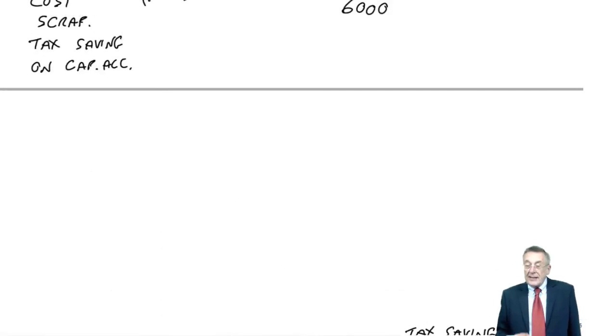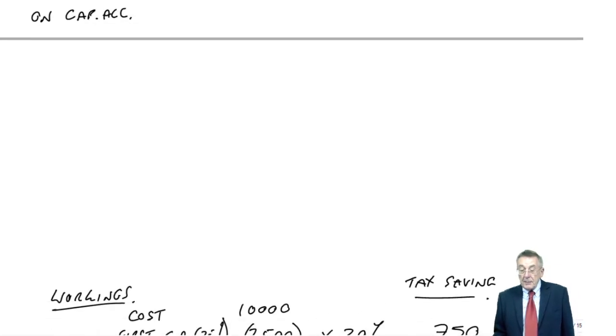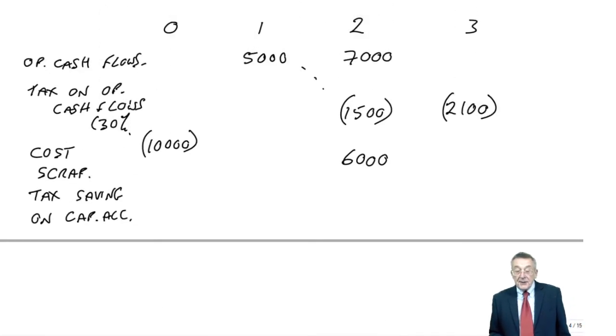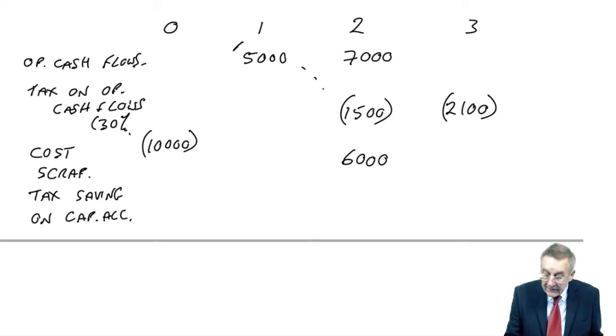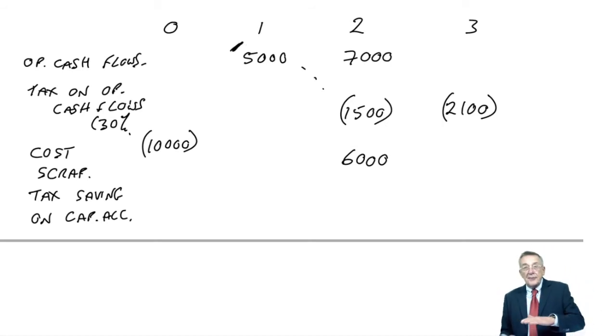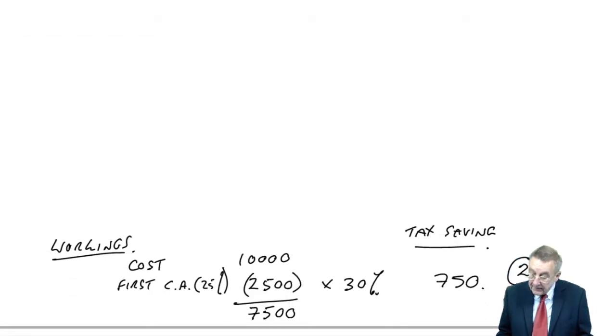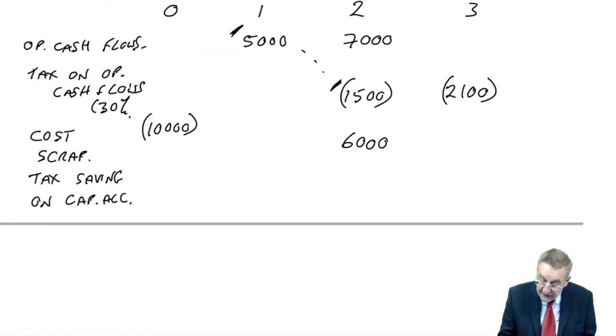Now, if I did say that too fast and confused anybody, in fact, it doesn't present a problem really in the exam, because appreciate, the first tax payable on the first year's profits was at time 2. Capital allowances in real life reduce the first year's profits. The benefit would also be at time 2 as well. So there's a benefit of 750 at time 2.